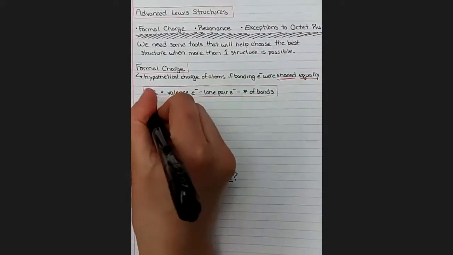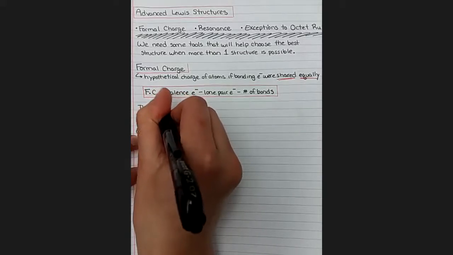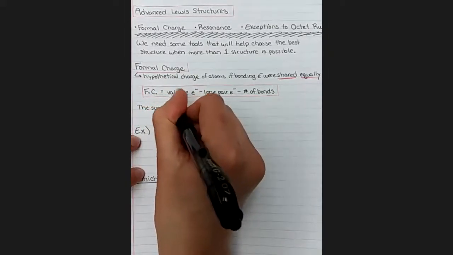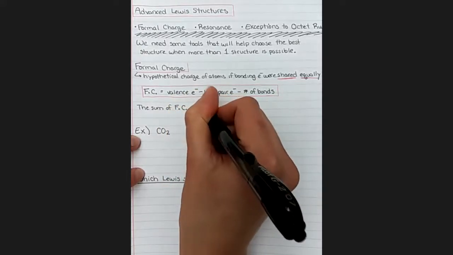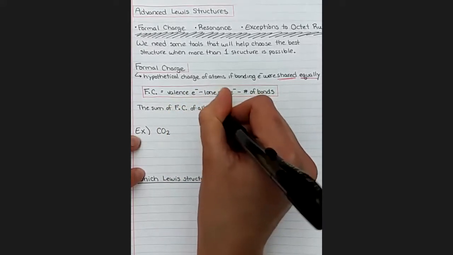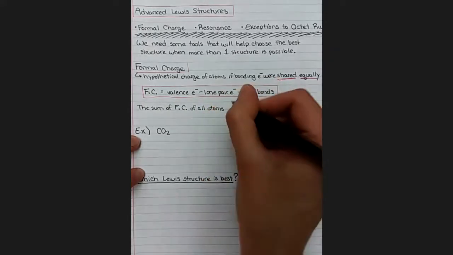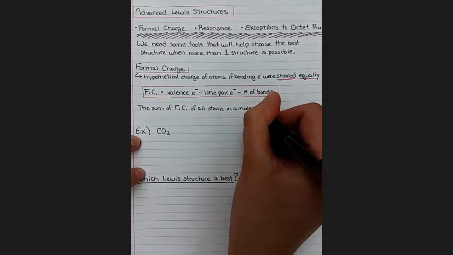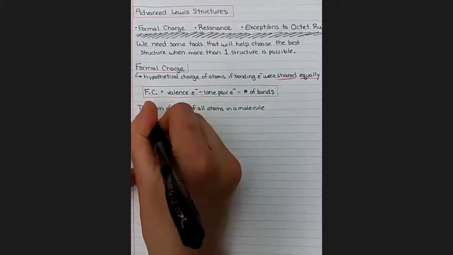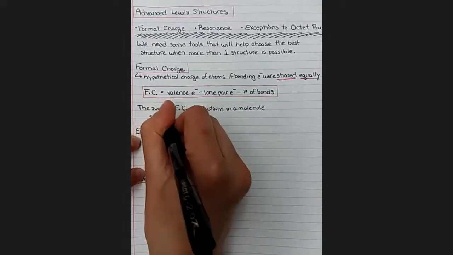We can check our work to make sure that our simple math was done correctly by adding all the formal charges together. The sum of all the formal charges of all the atoms in a particular molecule should equal the total charge of the molecule.